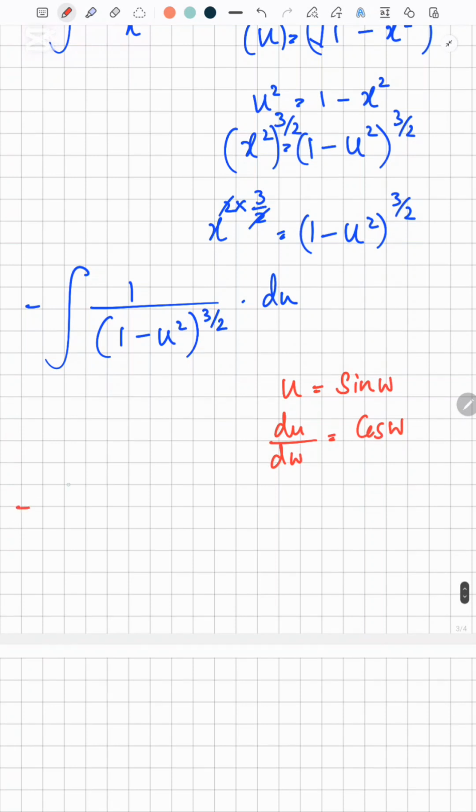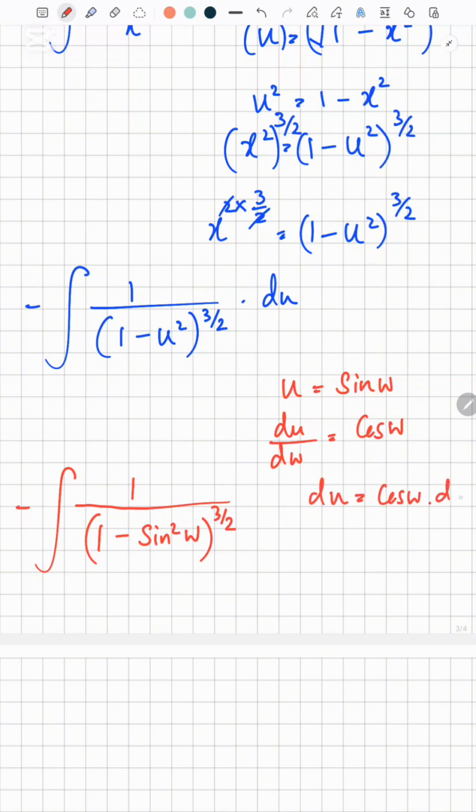So now, when you put it in your equation, it's going to be 1 minus u squared, so u squared is sine squared w, to the power 3 over 2. And let's substitute du over here. So du equals cos w dw.